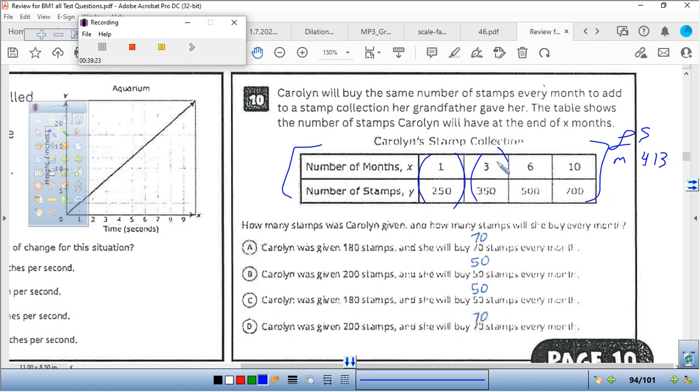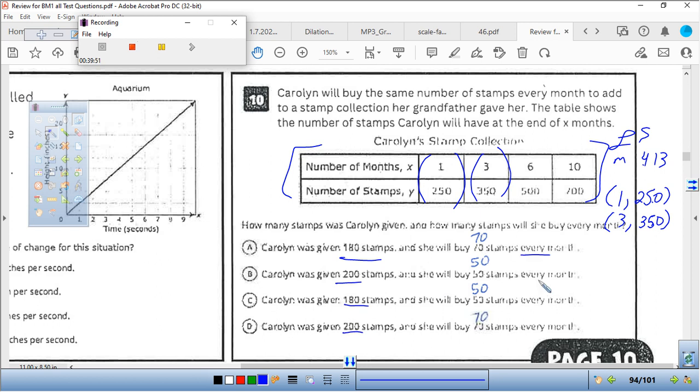So I'm going to use the coordinates of, I guess, 1 and 250, and then 3, 350. Okay, on that note, we want to go out here and just find what's the key word. I want to go to was given, that makes sense. Given.